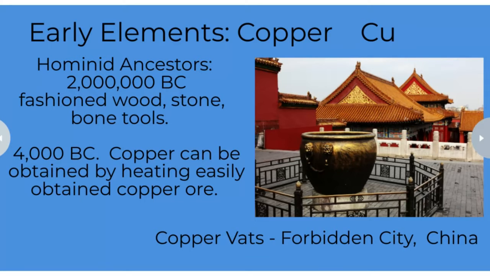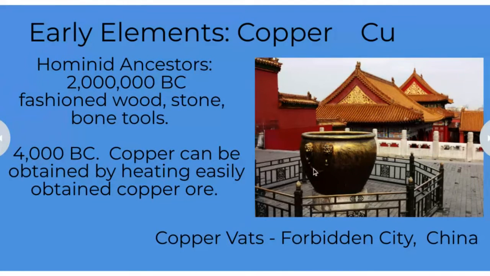the kinds of materials were expanded through discovery of elements. So here is an example of an element that was used. I just like the picture. I just looked up where I can find pictures of interesting uses of copper. Here is a picture of a vat in the Forbidden City in China.